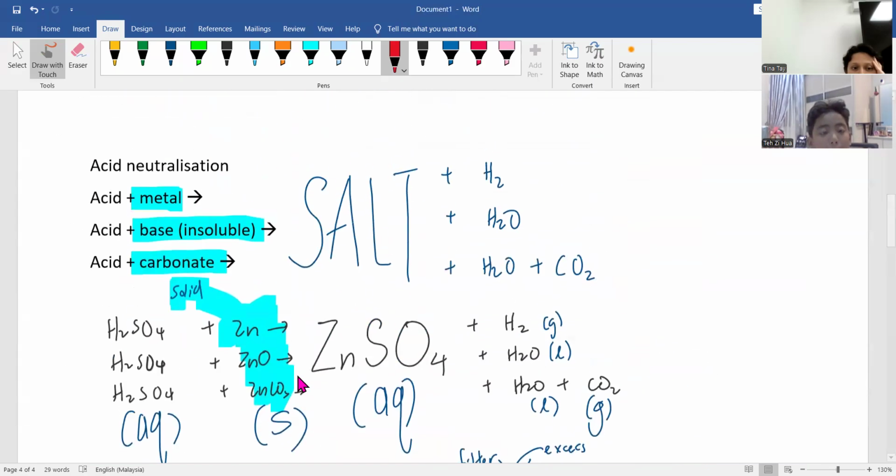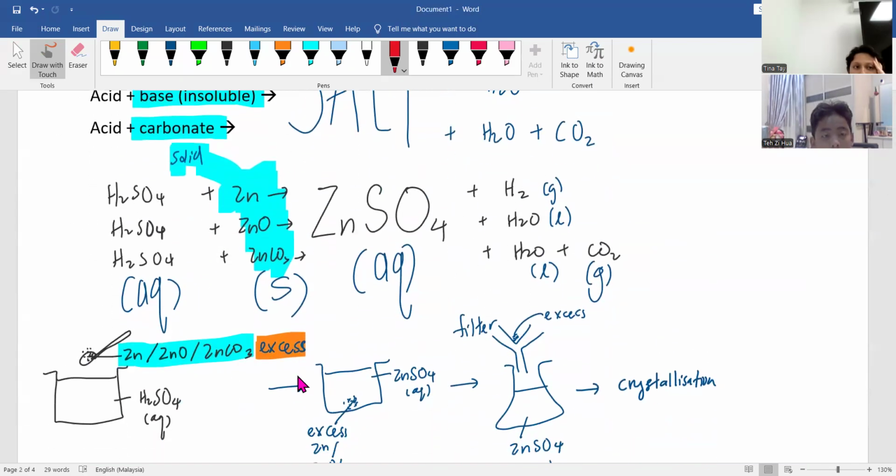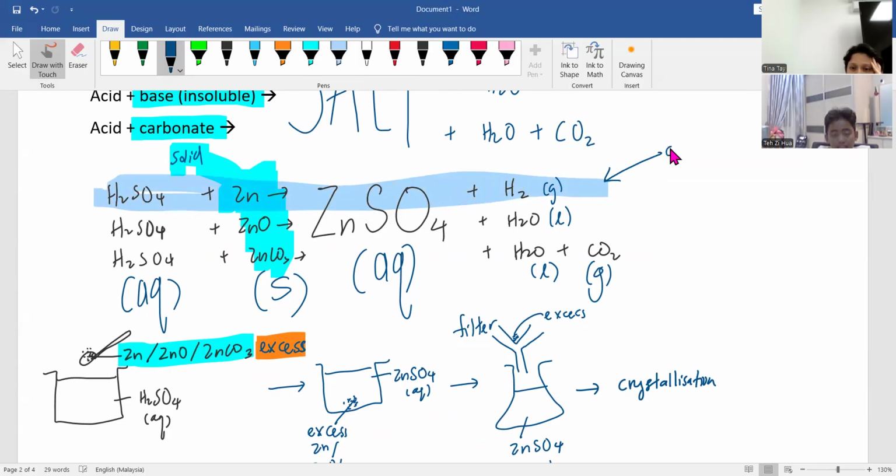For this reaction, if I use the first one, what are my observations? Bubbles, gas bubbles formed. Okay. Some more?